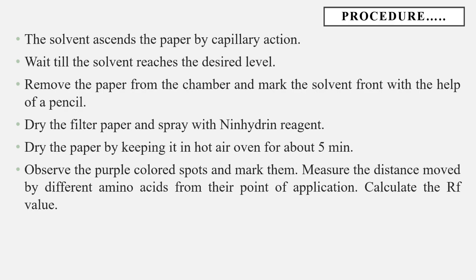Next, we have to dry it in a hot air oven. Then we have to spray the ninhydrin reagent. Ninhydrin reagent is a visualizing agent in this separation of amino acids by paper chromatography. Next, dry the paper by keeping it in a hot air oven for about 5 minutes again.